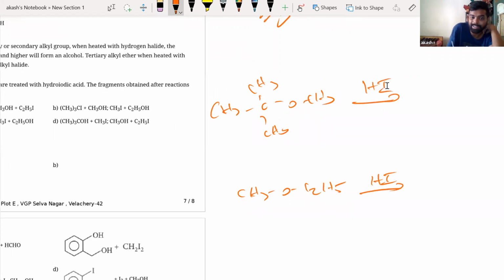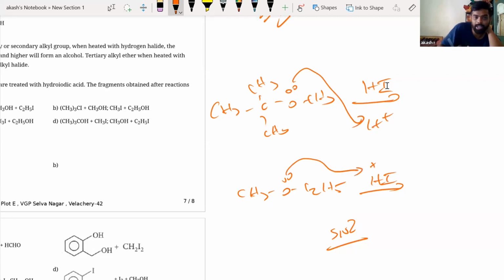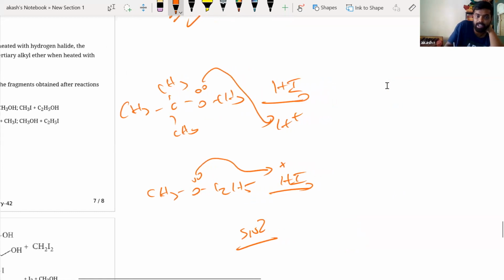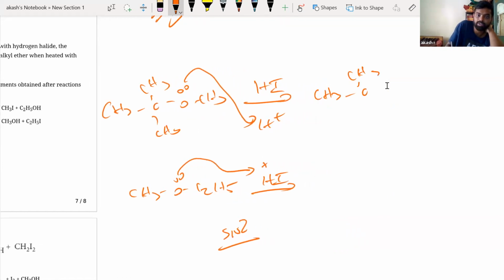Now remember that this is an SN2 substitution, people. The first step will always be the attack of H plus, where the lone pair on oxygen will come and take up the H plus. So what is going to happen? You will have CH3, CH3, CH3, O, H plus, CH3.